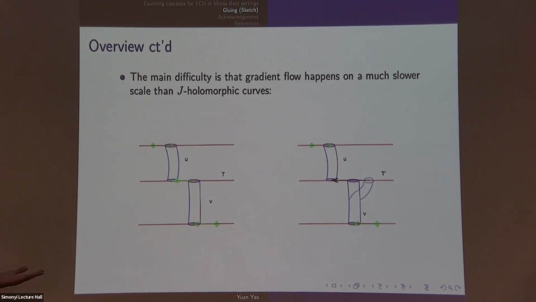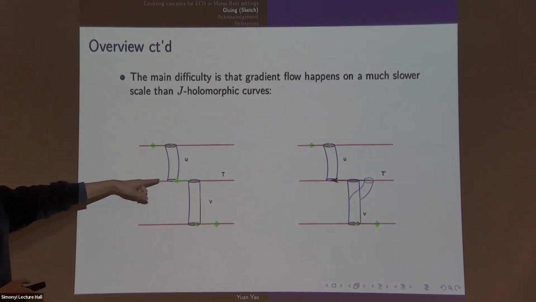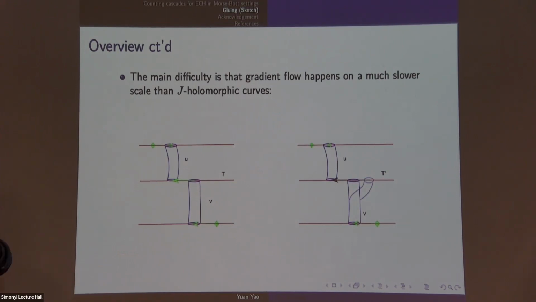The first thing you notice is that there is less transversality than usual. Usually when you have two holomorphic curves meeting along some manifold, you require their evaluation maps to be transverse in order to glue. But here I'm asking less: they're transverse up to translation in the gradient flow direction.